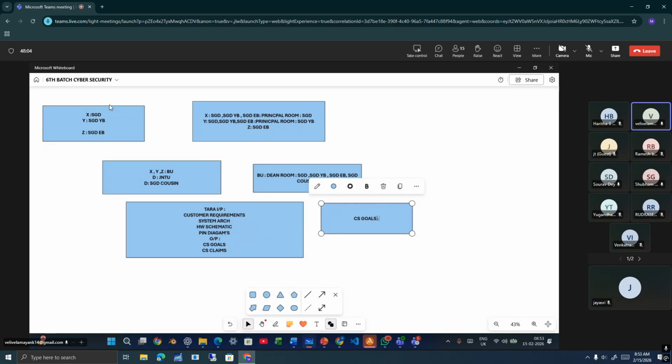How do you build it? Sometimes based on cybersecurity goals you will use FSC and TSC also. I told this also. It is the functional security concept and the technical security concept.